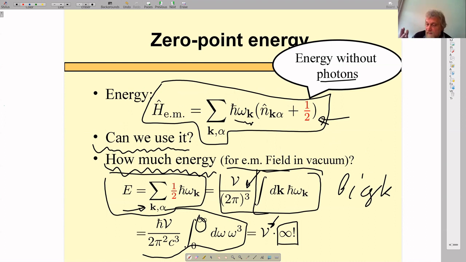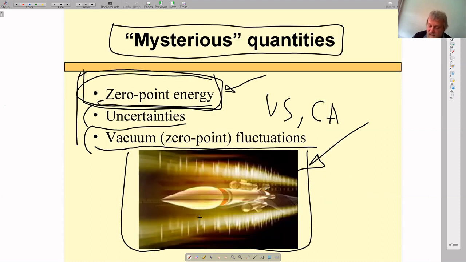But still, there will be some finite density of zero-point energy which would have produced a gravitational field, and it doesn't seem to produce it. So nobody understands this fact.